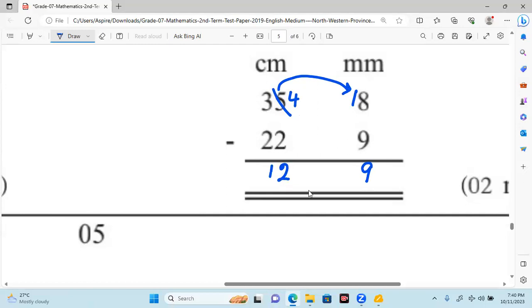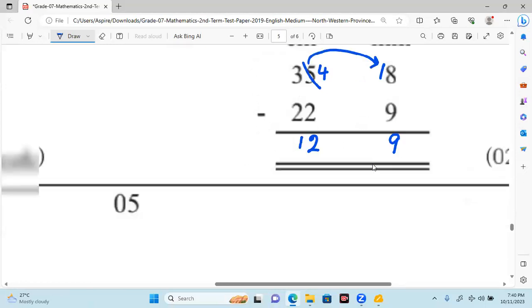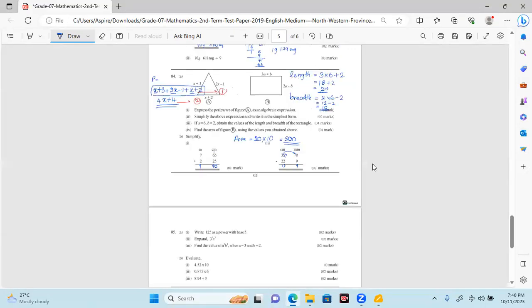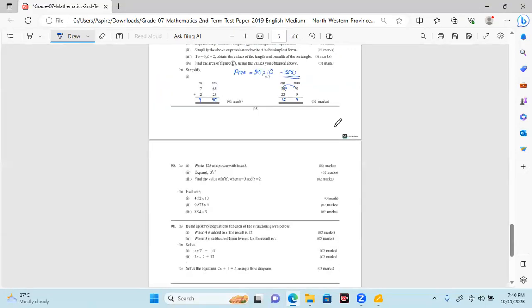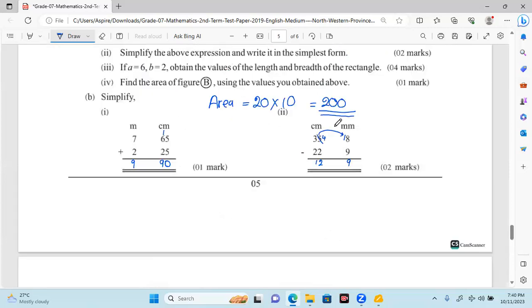So it is 12 centimeters and 9 millimeters. Check whether your answer is correct.